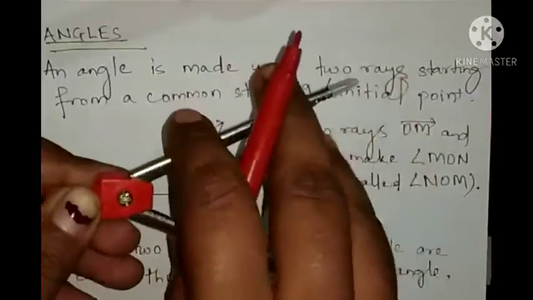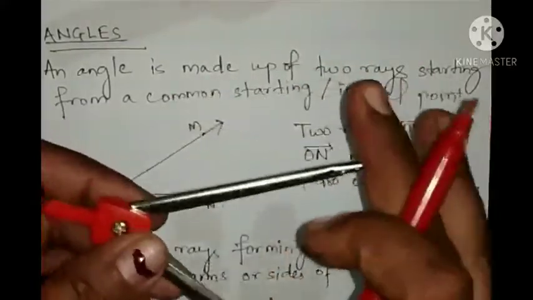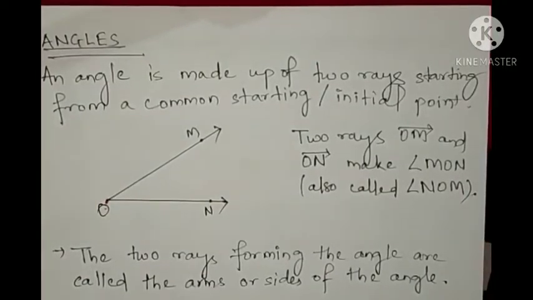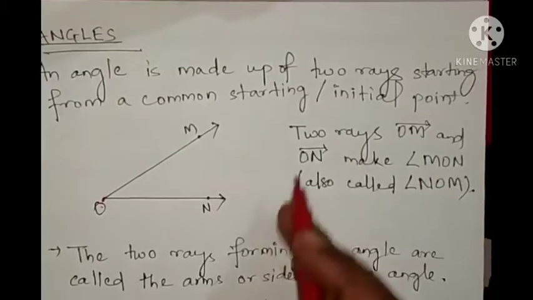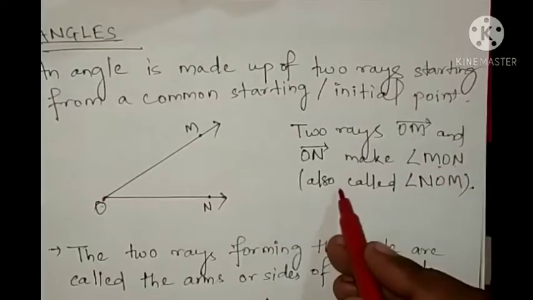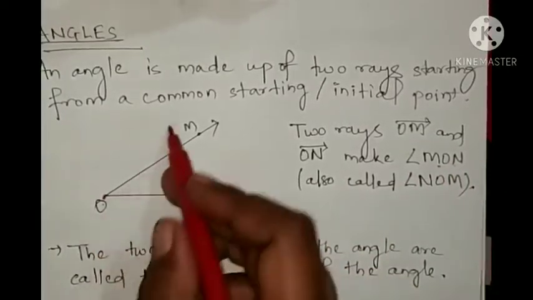You can find different types of angles in every object. So an angle has one common point and two rays. Two rays OM and ON make angle MON, or you can write it as angle NOM.